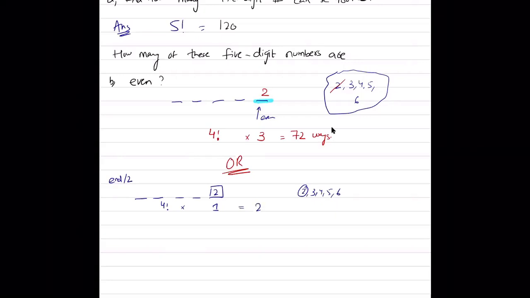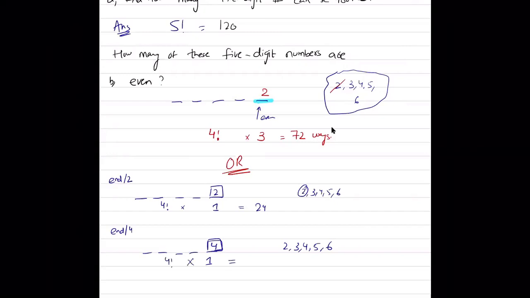Now you say, okay, I want the number to end with 4. So a 5-digit number that should end with 4. Again, you have one choice. Out of these numbers, only 4 could be on the last position. So the remaining 4 can arrange themselves in 4 factorial ways.